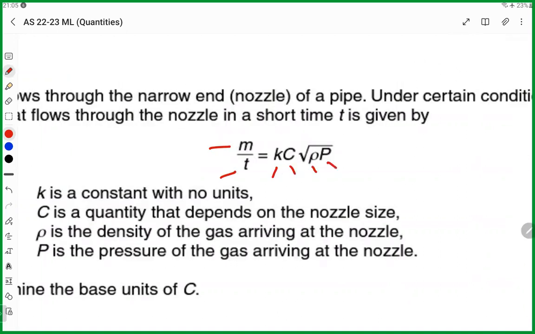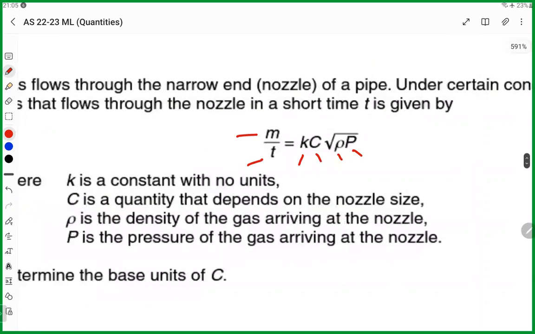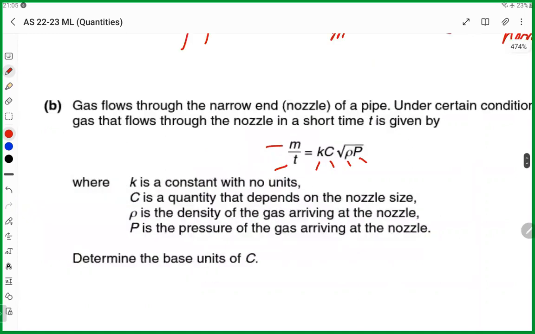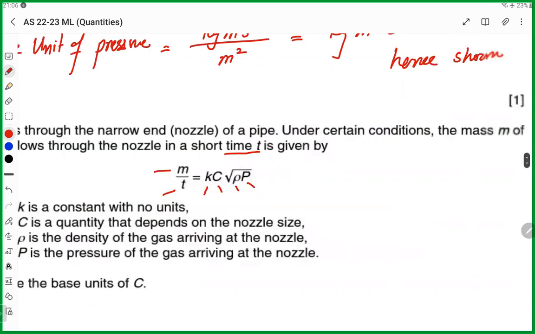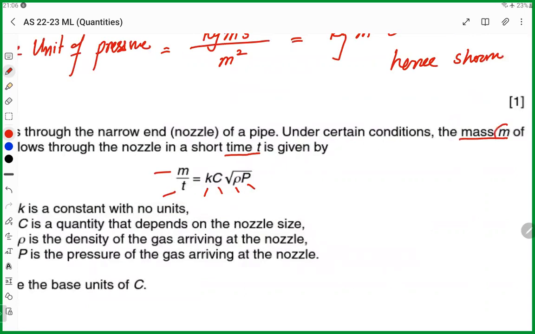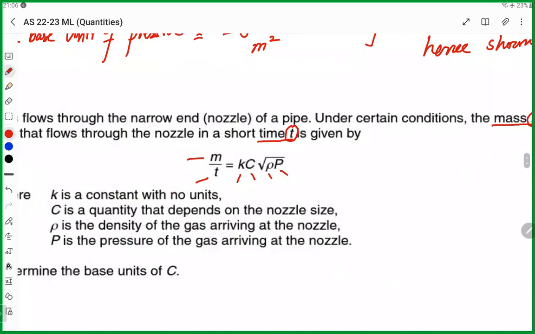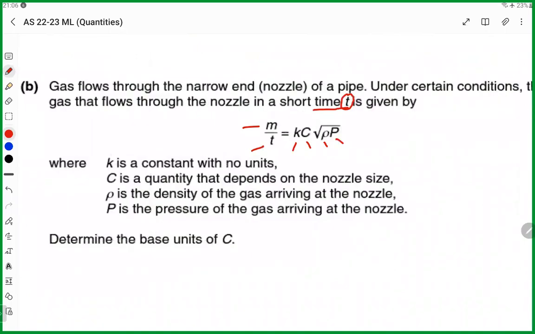So what are these things? He's supposed to explain every single term he uses. He has already explained two: m means mass, t means time. He's now explaining k is a constant with no units, so k will have no units. C is the quantity that depends on the nozzle size.